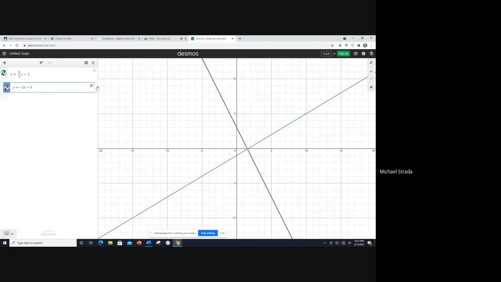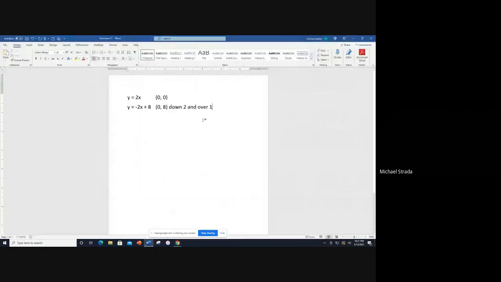Now another aspect of graphing is when it's not in slope-intercept form.